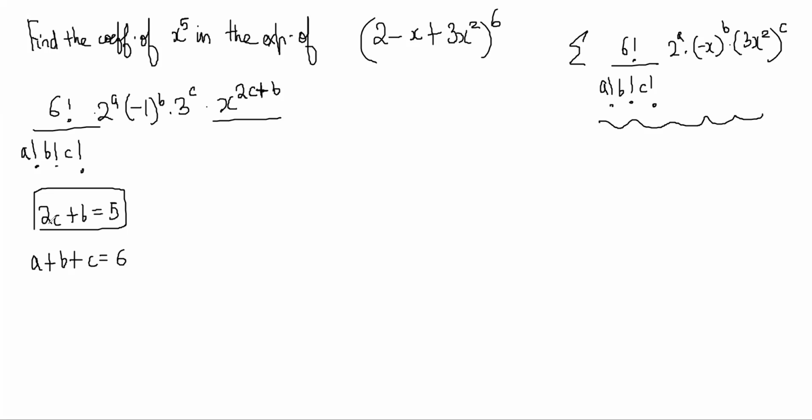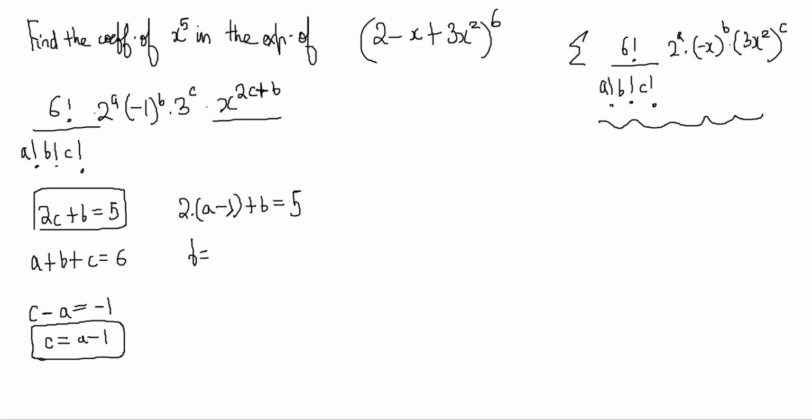If you subtract this minus this, you'll get c minus a is equal to minus 1. So c is equal to a minus 1. If c is equal to a minus 1, you will get 2 into (a minus 1) plus b is equal to 5, so b is equal to 7 minus 2a.